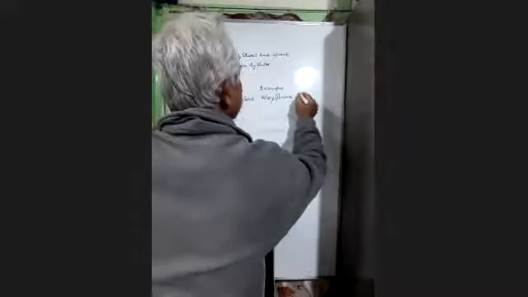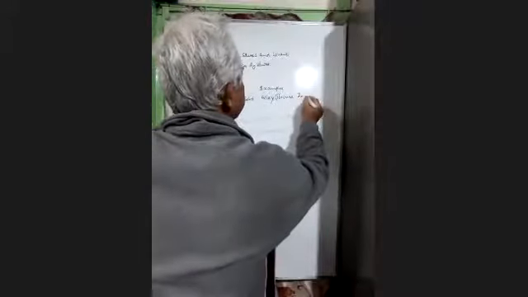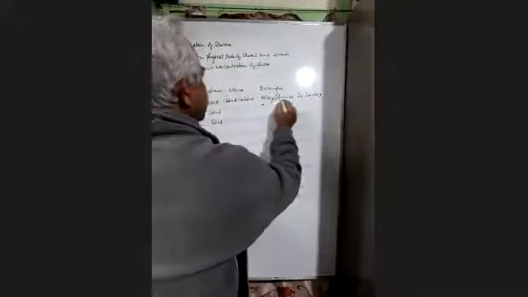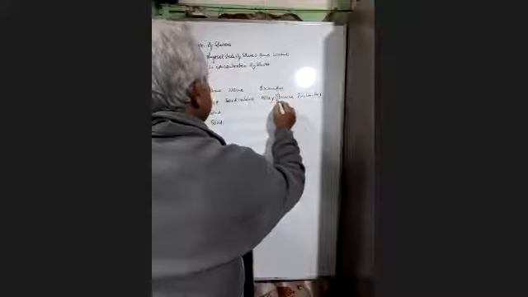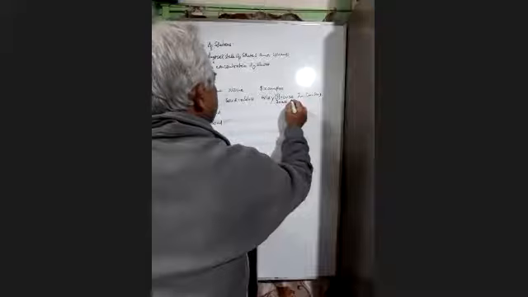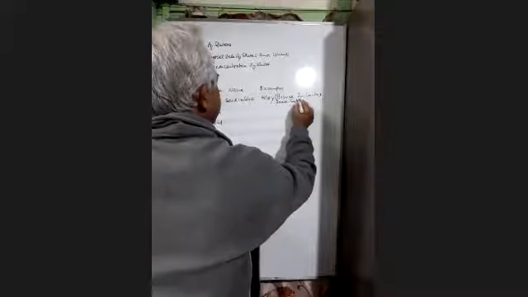Bronze contains more copper, and copper is the solvent. It contains copper and zinc. Then brass. Brass is what? Copper and zinc. Okay, so these are these.